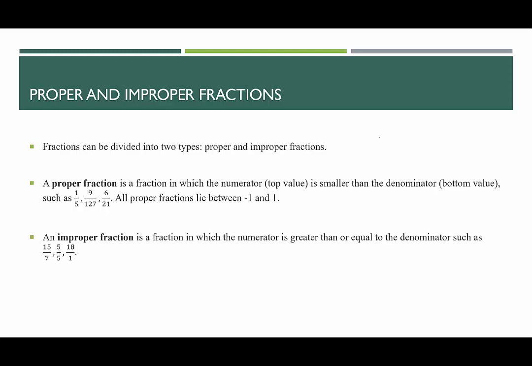An improper fraction is where the numerator is greater than or equal to the denominator, such as 15 over 7, 5 over 5, or 18 over 1. So all of those we call improper fractions. Now, if we're just talking about fractions and these other types of numbers called integers, integers are the numbers that don't have fractions or decimals. So that includes numbers like 1, 2, 3, and you can keep counting that way.